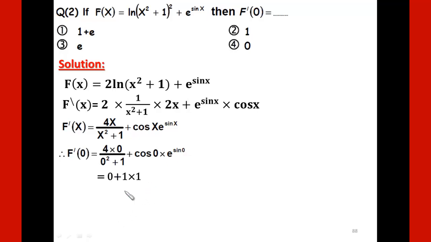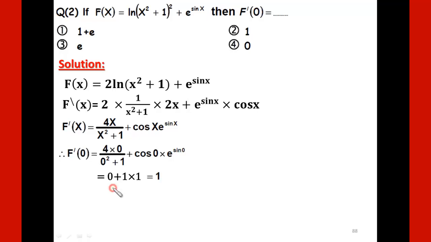So the result will be 0 plus 1 multiply 1, as cosine 0 equals 1 and e power 0 also equals 1.